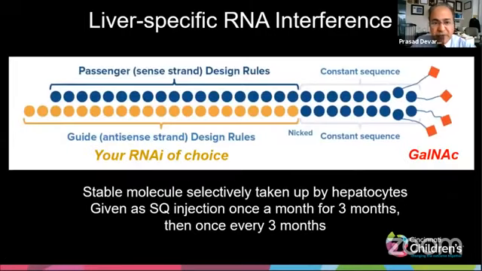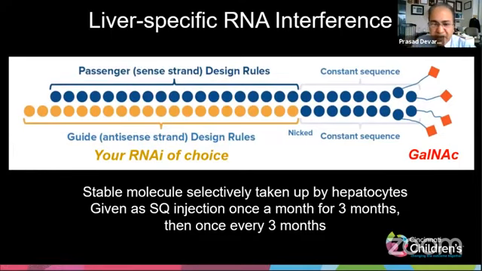And the explanation for that liver-specific interference is here. You can take your RNA inhibitor of choice, whatever you want to inhibit, and put it in there, and then there's a constant sequence, and a sequence called the GalNAc sequence, which then targets this substance only to the liver. This is a stable molecule which is selectively taken up by hepatocytes only.